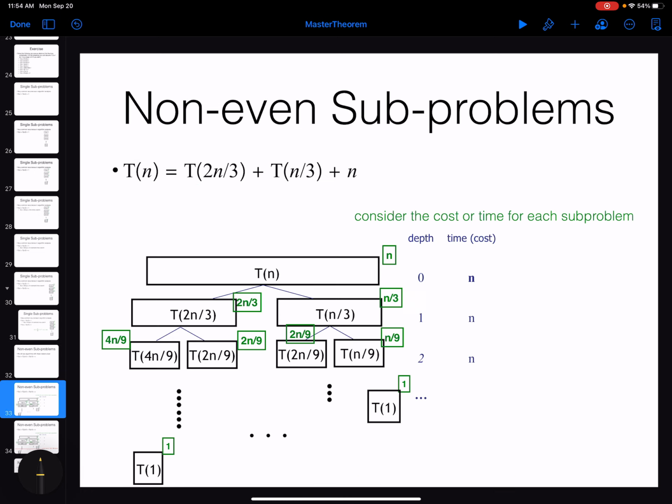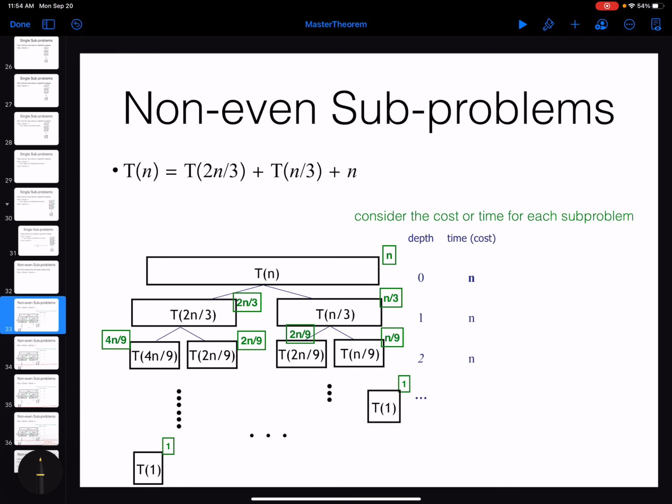So this is going to be the full tree. We are first interested in finding the lower bound. If I'm going to find the lower bound, you see that the cost of all of these levels is n, which makes it simple. I just need to figure out how many levels I will go down to reach this lower bound.